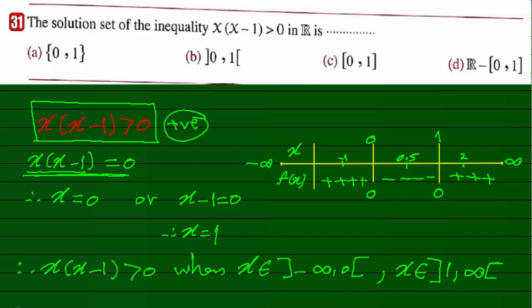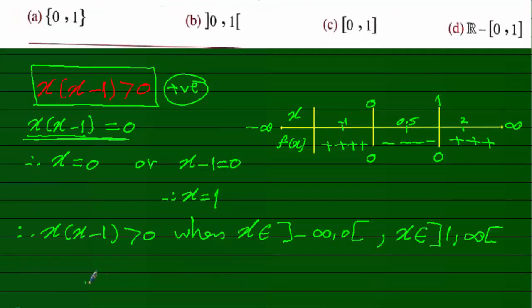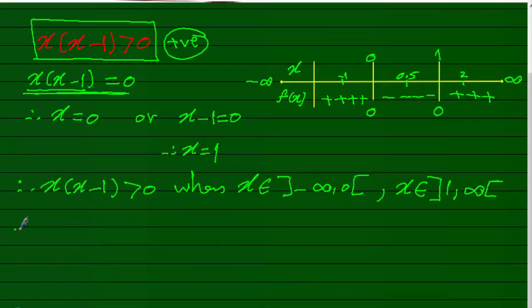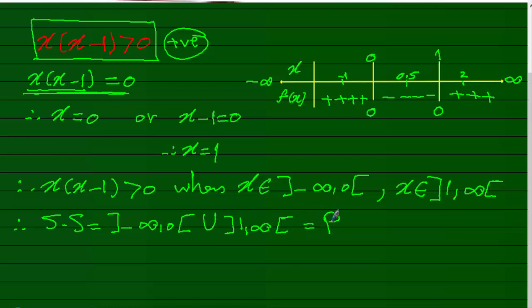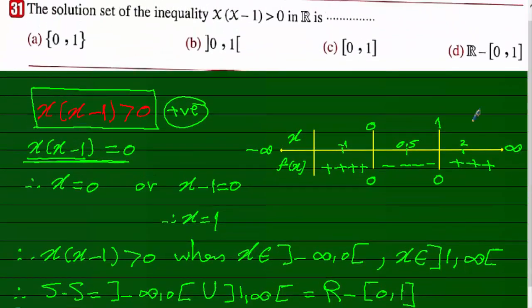So the required solution set of this inequality equals negative infinity to 0, union 1 to infinity, which equals R difference from 0 to 1. And we choose letter D.